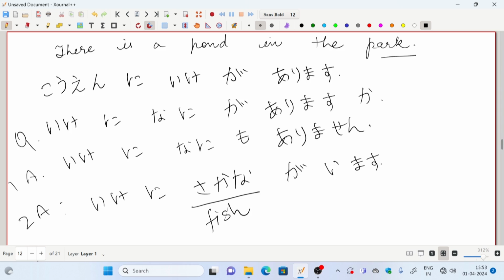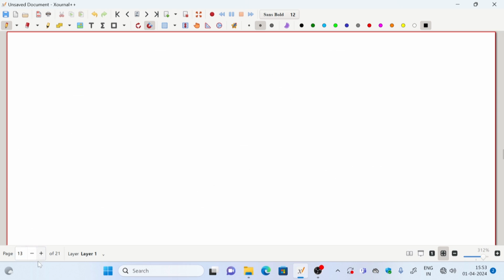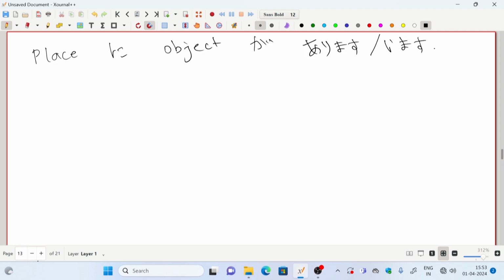Okay. So this is how we do place ni object ga arimasu or imasu. Place could be any place. If we are talking about university, then it will be daigaku.